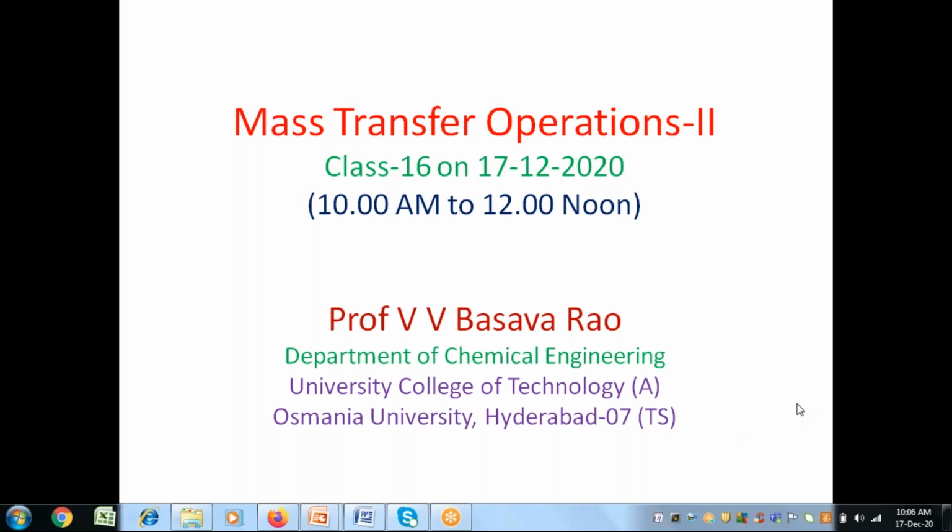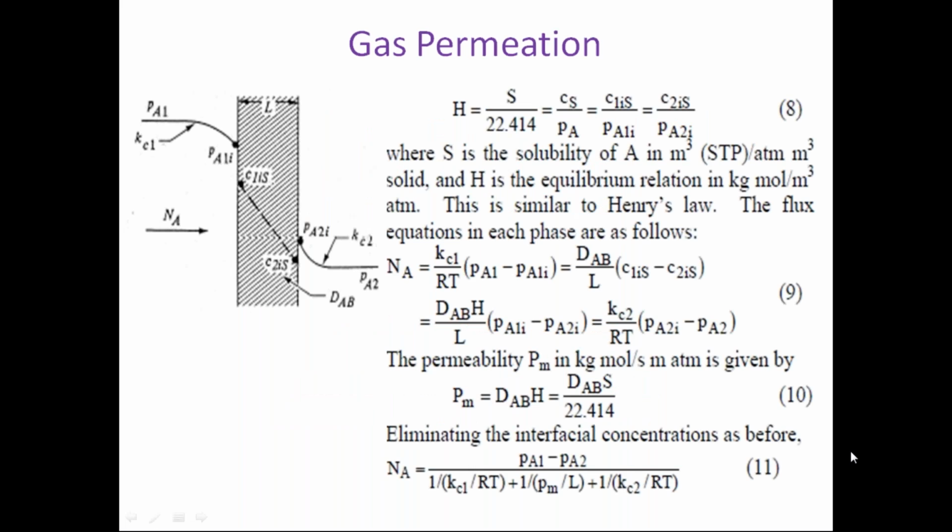Let us discuss some very important aspects of gas separation by using membrane separation processes. As we have discussed in the last class, certain membranes will allow the gas to permeate through it, and therefore it is the barrier between two phases.